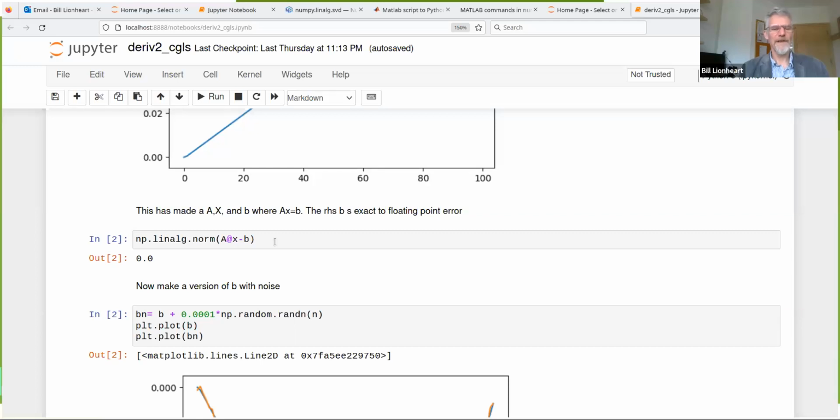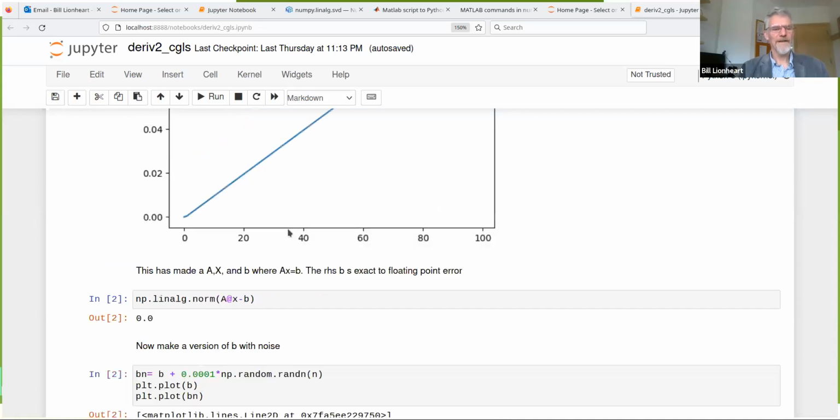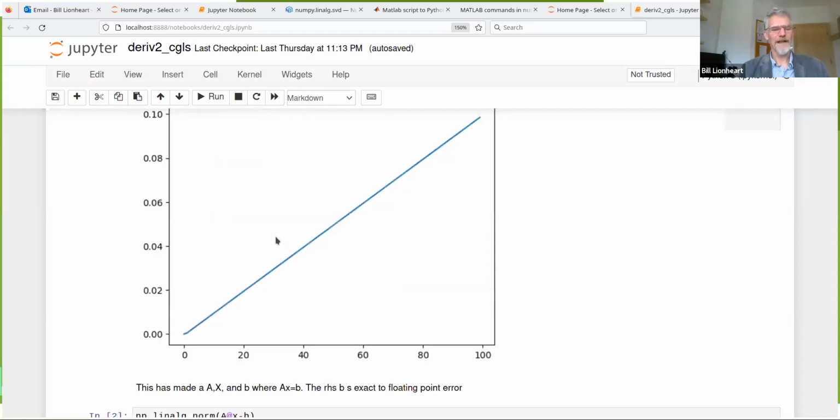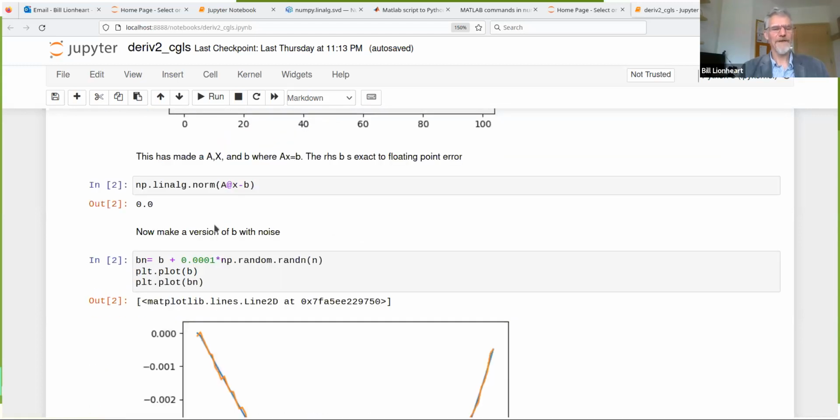You have to get a little bit used to the syntax if you're used to MATLAB. A, B, and X all come out of deriv2. They're actually NumPy arrays, so matrices and vectors. So when I do A @ X, that actually does matrix multiplication, so star in MATLAB.